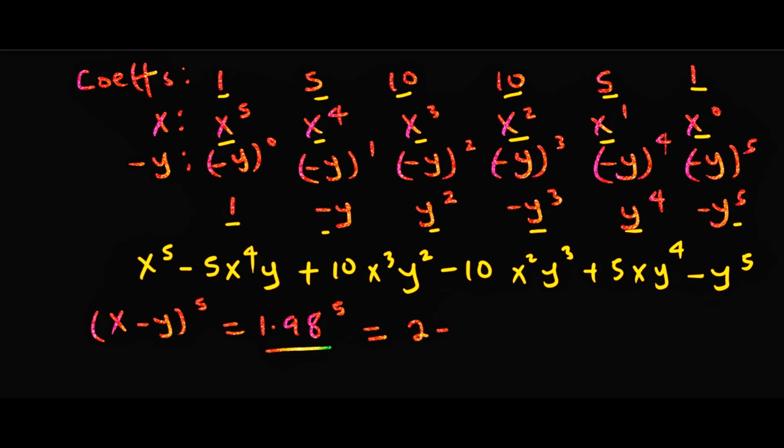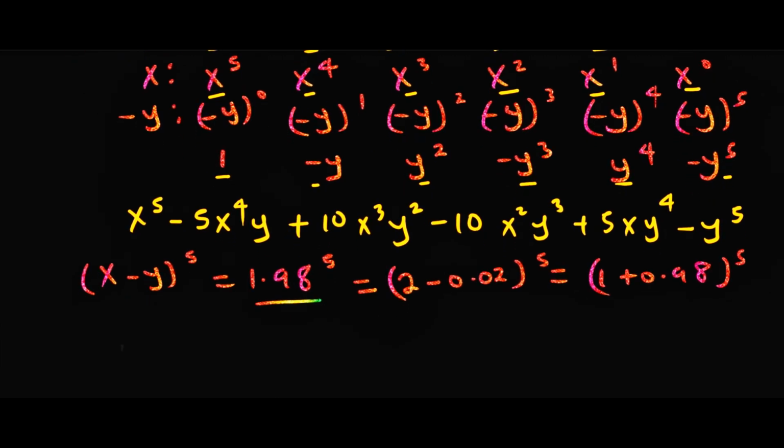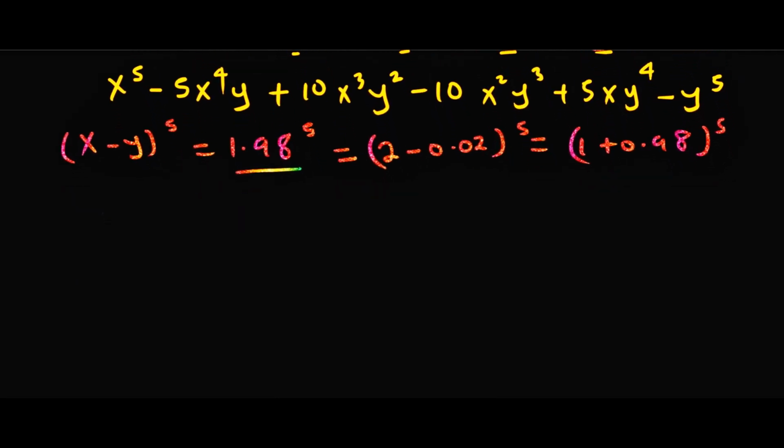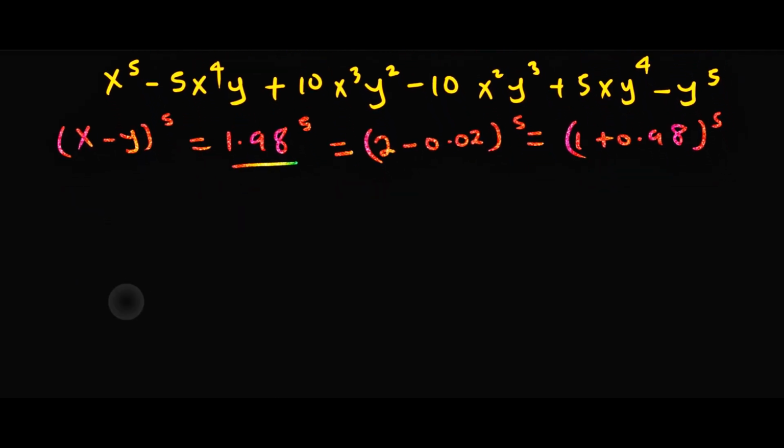So it would be 2 minus 0.02 raised to power 5, or it could be even 1 plus 0.98 raised to power 5. So remember, the value has not changed even if you wrote it as a binomial. But you need to write it as a binomial for you to be able to compare it with the binomial that you've been given. That is x minus y raised to power 5.